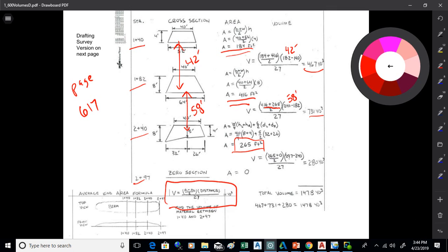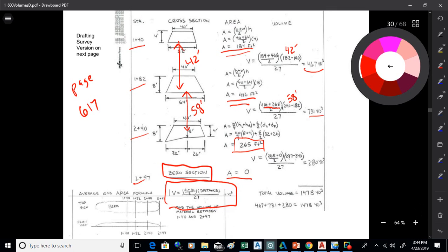Now the last section is the end of the berm. It's where it comes back down to what we call the original ground. We have to call out that point. The party chief has to make a call and say, this is where it came back to ground. That's a zero section. There's no fill there. Before that, there's a little bit of fill. After it, there's none. So they call that area out as zero.